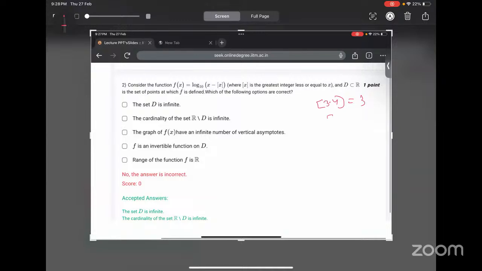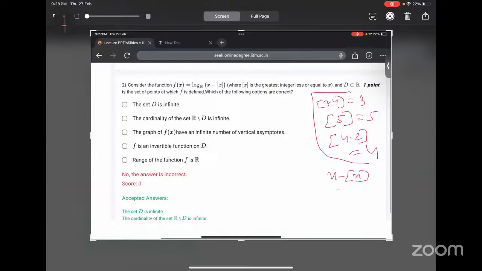Similarly, floor of any integer, suppose 5, is that integer only. Floor of 4.2 is 4. That is how we have to do it. So this is the definition of floor of x. And x minus floor of x means we will take the fractional part, the part after the point.